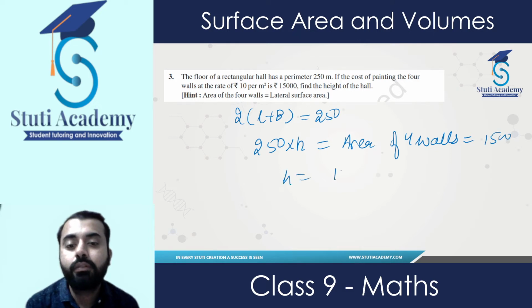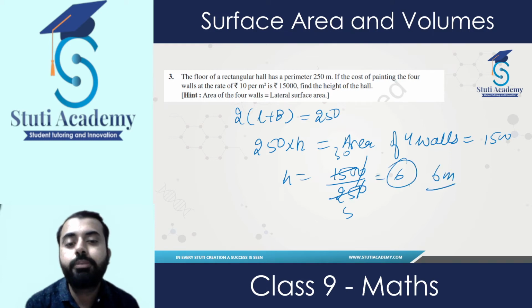Height will be 1500 divided by 250, cancelling this, you get 6 meters. The height of wall was 6 meters.